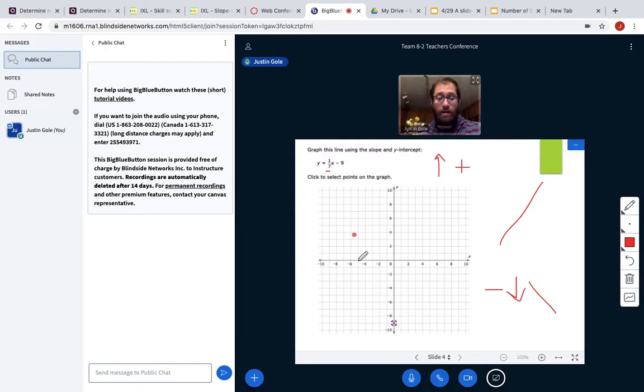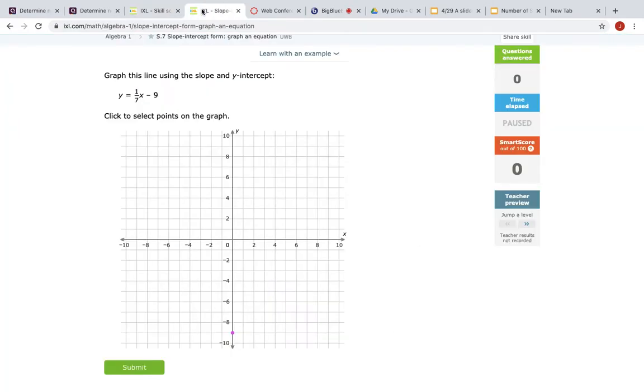Here we have -9 is the y-intercept, and my slope is 1 over 7. So let's remember, slope is rise over run. So you go up 1 over 7. Let's actually go over here and let's do this.